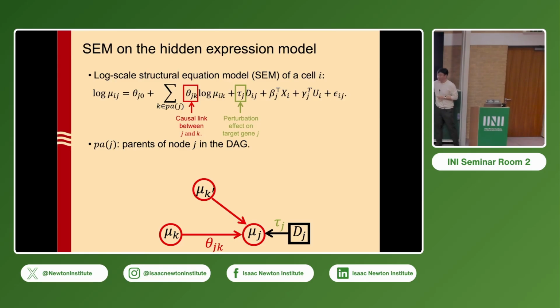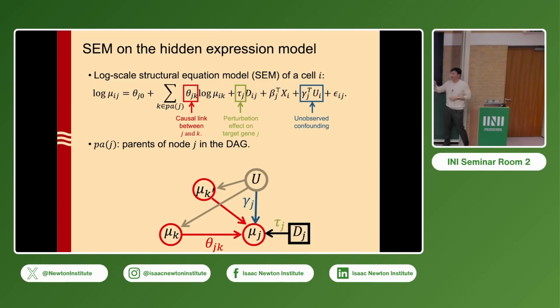This tau j represents how strong the intervention was for that particular target gene. And this x is just the observed covariate, and this ui is an unmeasured confounder, and gamma denotes the strength of the unmeasured confounding on this particular gene. So this is the structural equation model, and you also have a noise term that is required to be mean 0.